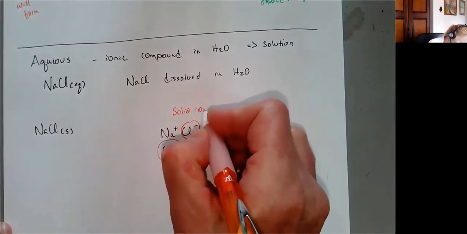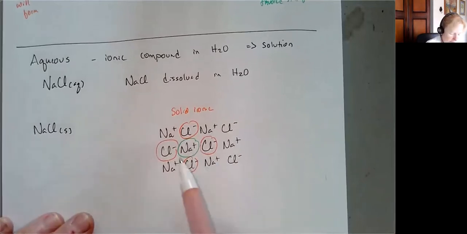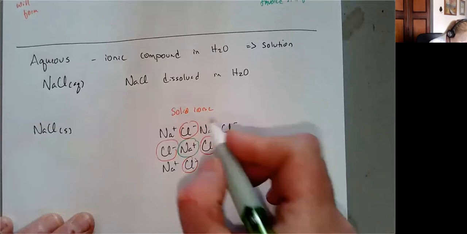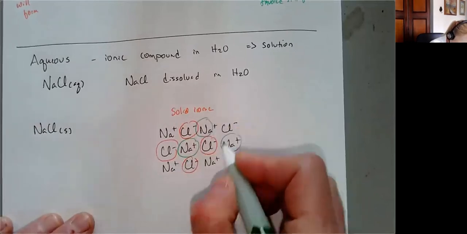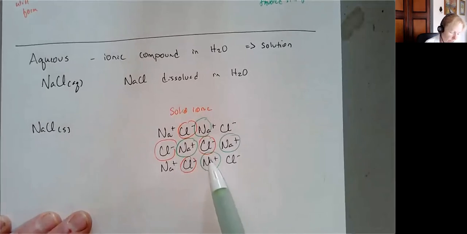ionic compound, you have this uber stability here, because each of these sodium ions feels an electrostatic attraction to the negative chloride ions. Each of these chloride ions is surrounded by sodium ions, and so it's feeling the electrostatic attraction to each of these sodium ions.